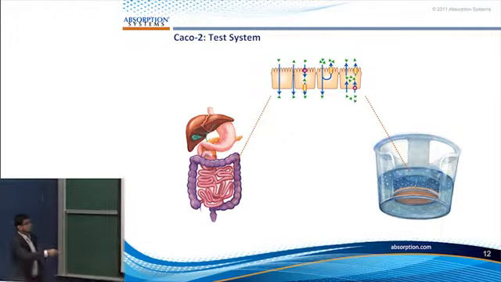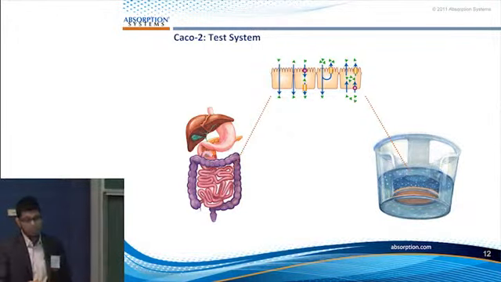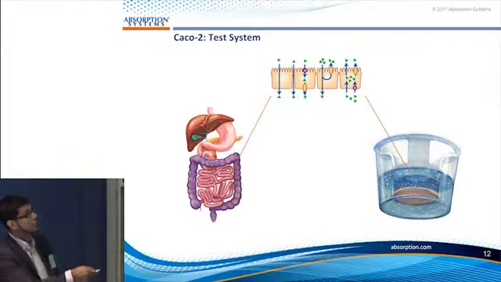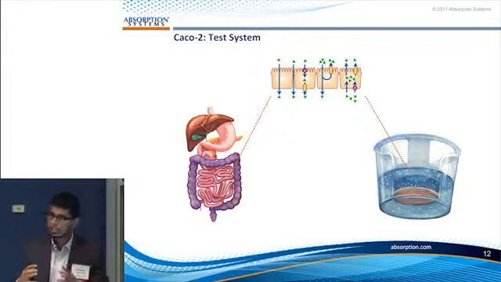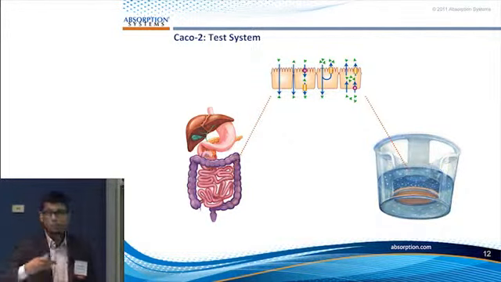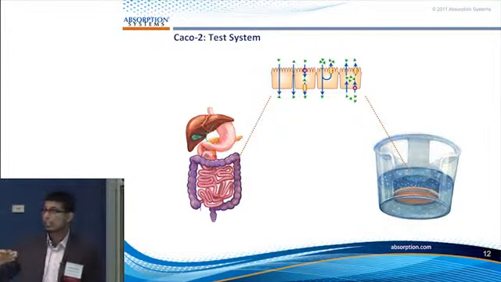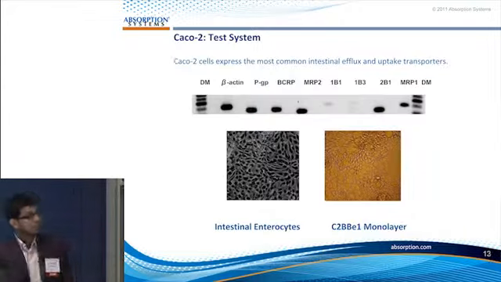These cells are human-derived, a colorectal adenocarcinoma cell line, continuous as an immortal line, and when grown under specific conditions on a polycarbonate filter, for instance, they become confluent, they polarize, they differentiate, and they start resembling the human intestinal enterocyte.